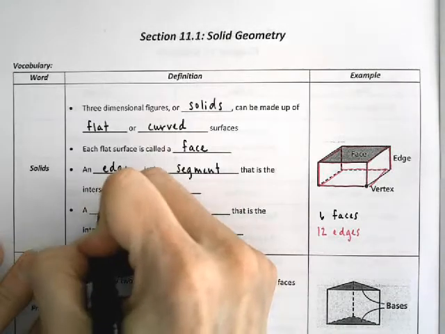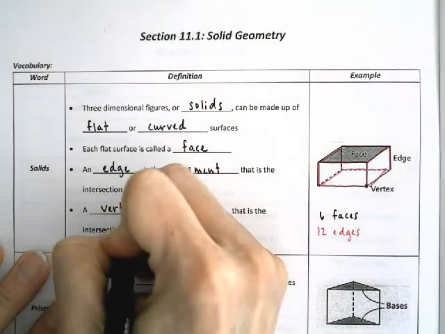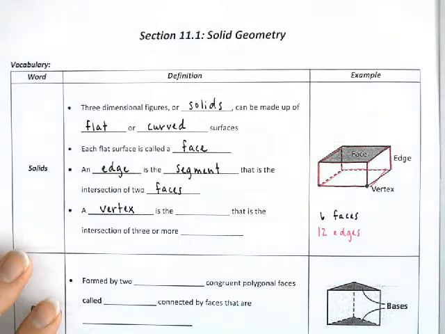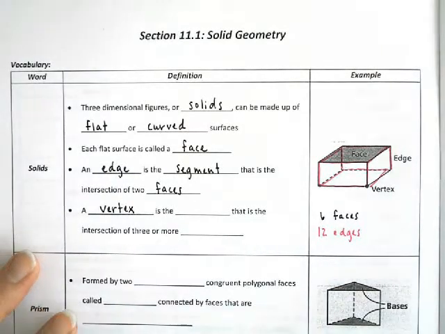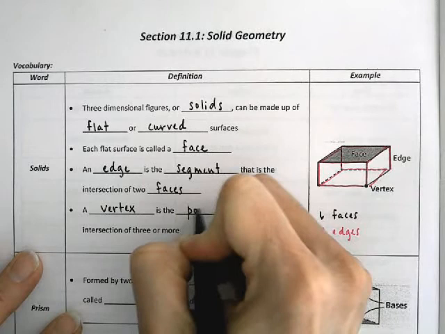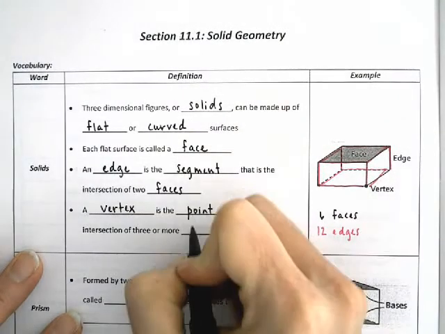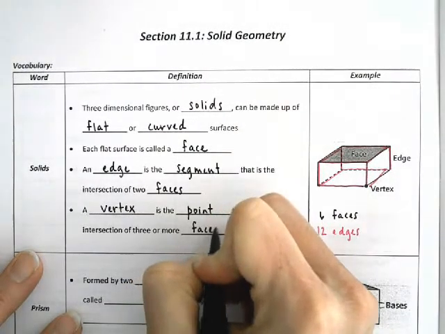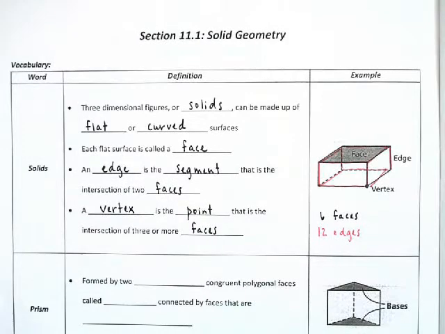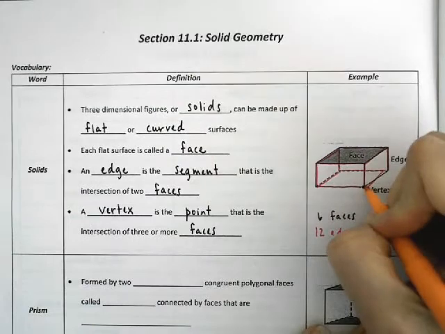And then last we have what we call the vertex. Right? And a vertex is just a point that's the intersection of 3 or more faces. So sometimes I think of the vertices as kind of the corners. So here would be a vertex.